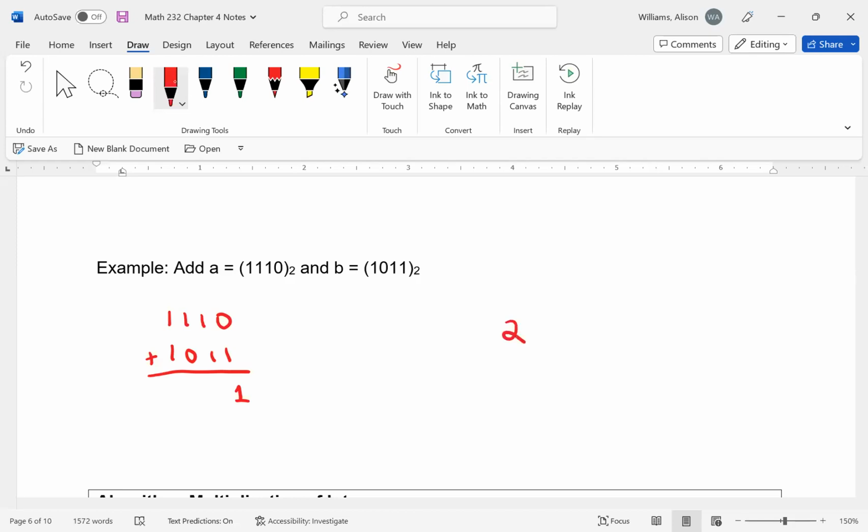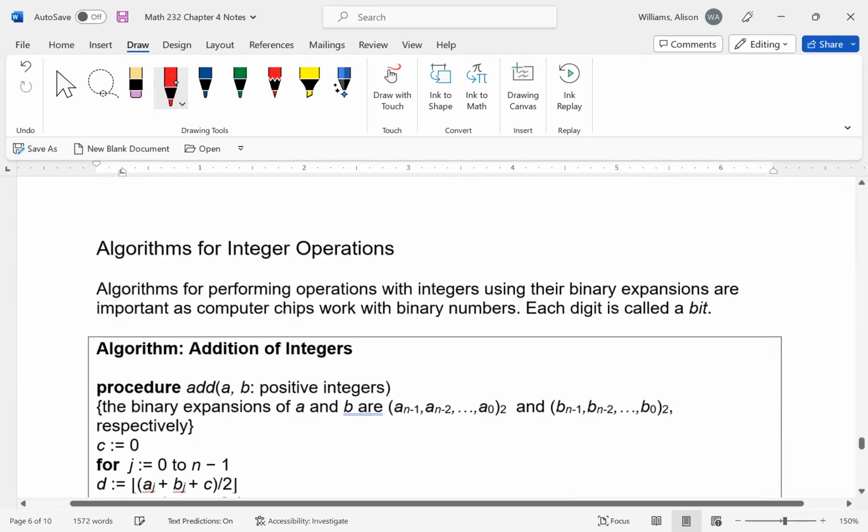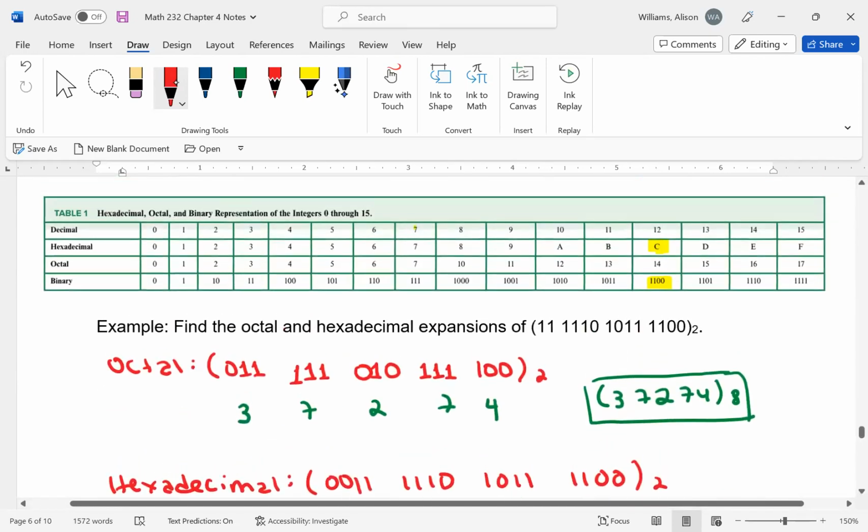If you hit a 2 in binary, a 2 in binary means you bump up to the next column. It becomes a 10. In fact, if you look at our table, in our number system, 2 is a 10.